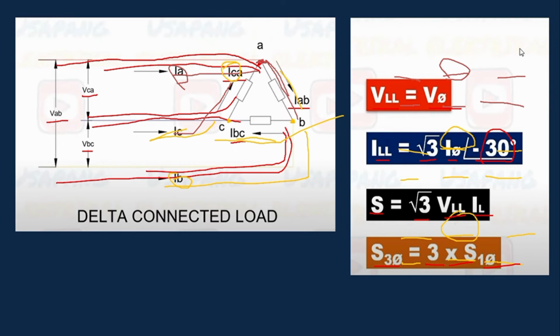Next is the formula for the delta connected load. So, line-to-line voltage is equal to voltage phase, and the line-to-line current is equal to square root of 3 times the phase current at negative 30 degrees. For S, or apparent power, S is equal to square root of 3 times the line-to-line voltage times the line current.